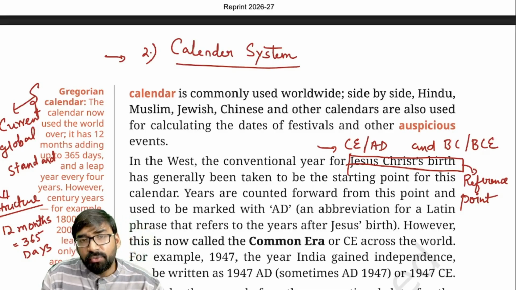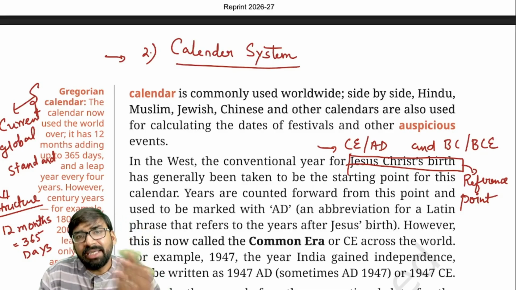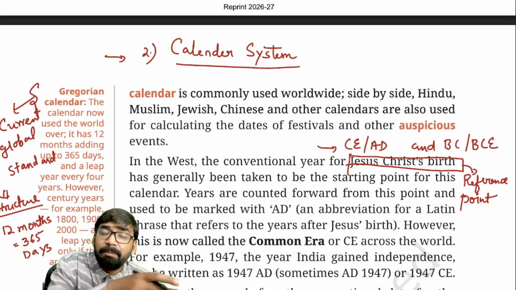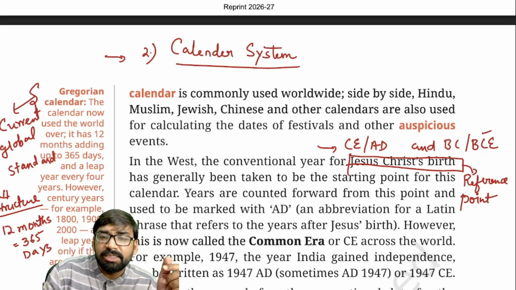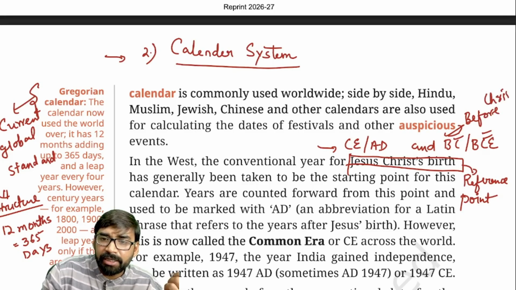The years which are written before the birth of Jesus Christ are considered BCE or BC. Clear? BC means before Christ, before the birth of Christ.